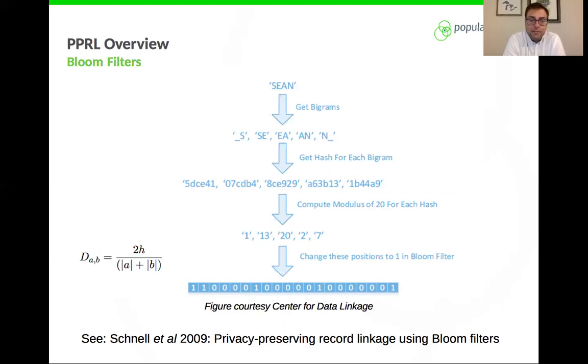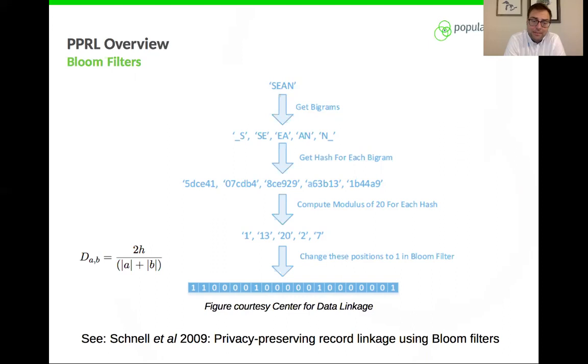So two identical strings will provide identical Bloom filters, and two similar strings with just a difference of, say, 1 or 2 bigrams will provide very similar Bloom filters with just a difference of 1 or 2 bits.